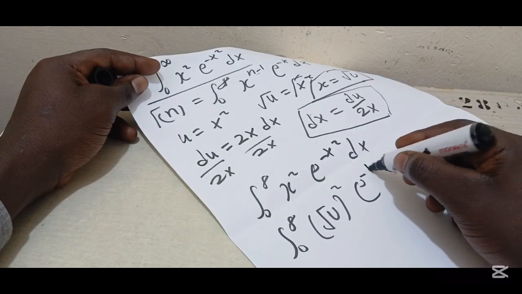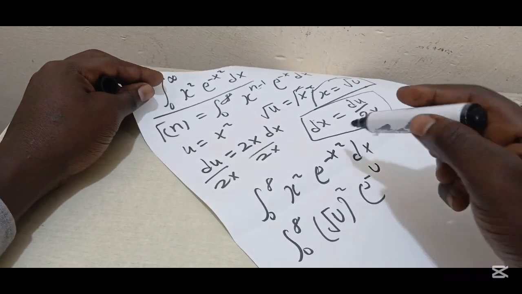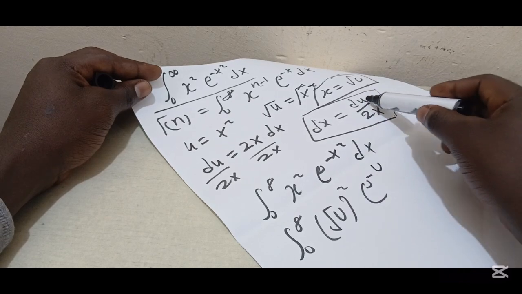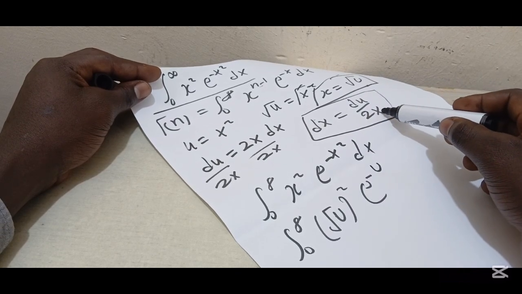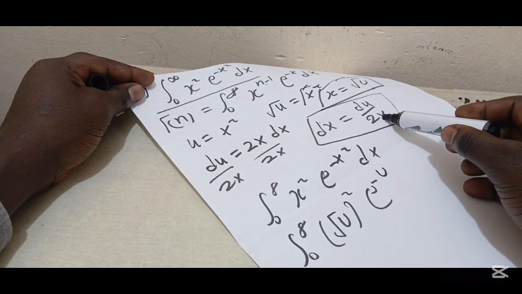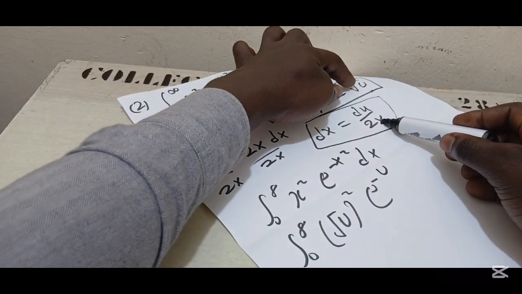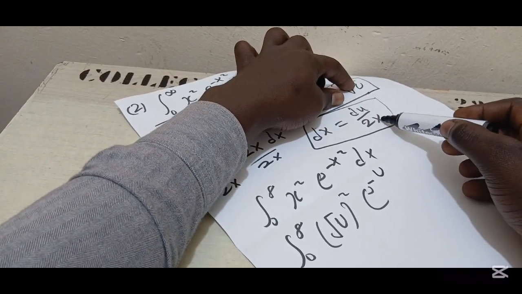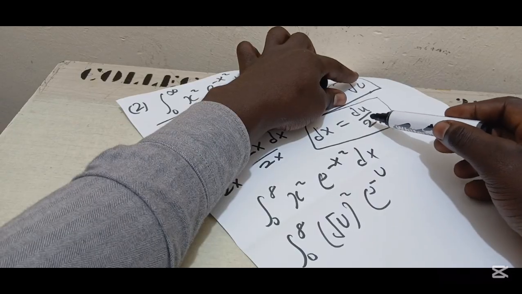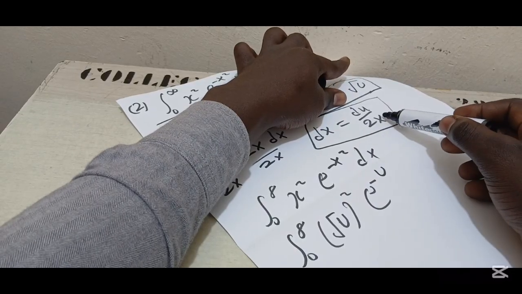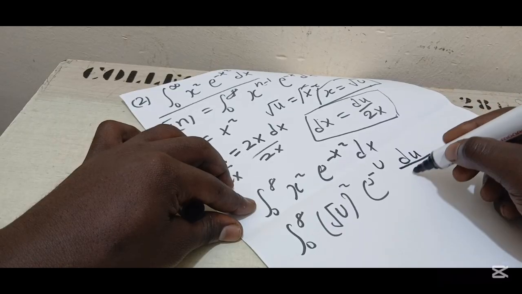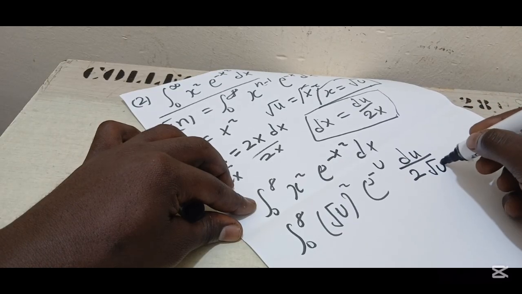So u, and then the dx right here is du on 2x. And we know the value for x to be square root of u. So instead of du over 2x, we are writing du over 2 square root of u.